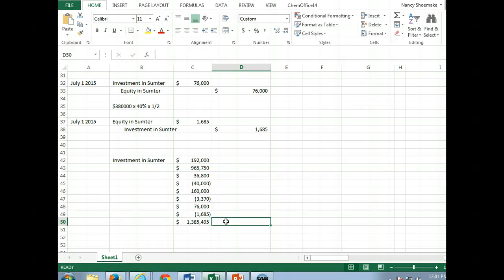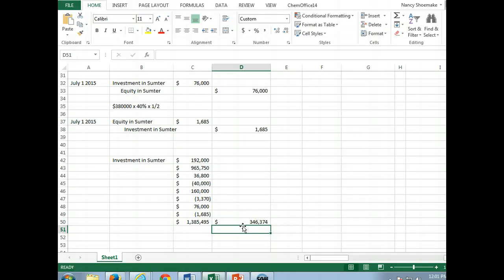You're right, it's only 10% of all of Sumter, but it's 25% of what we have. So 25% of this should be $346,374, which is our cost basis.